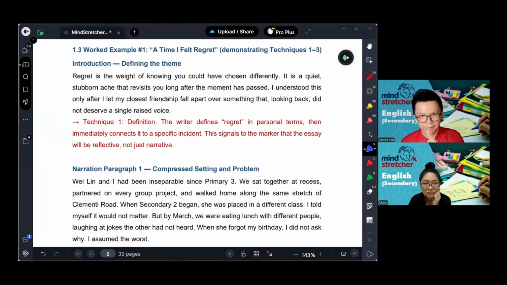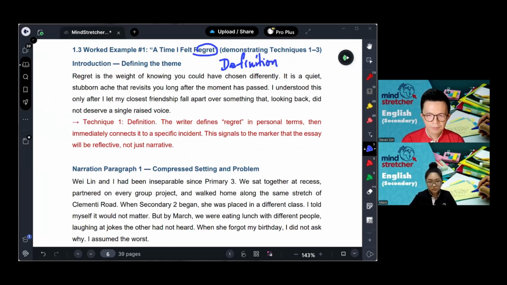One of the techniques, for those of you who say, I don't know how to begin: one of the easiest ways to begin is to use a definition. Some of you are frightened now because you say, but I don't know the definition of the word. You don't need to give the dictionary definition, because the dictionary definition is boring.